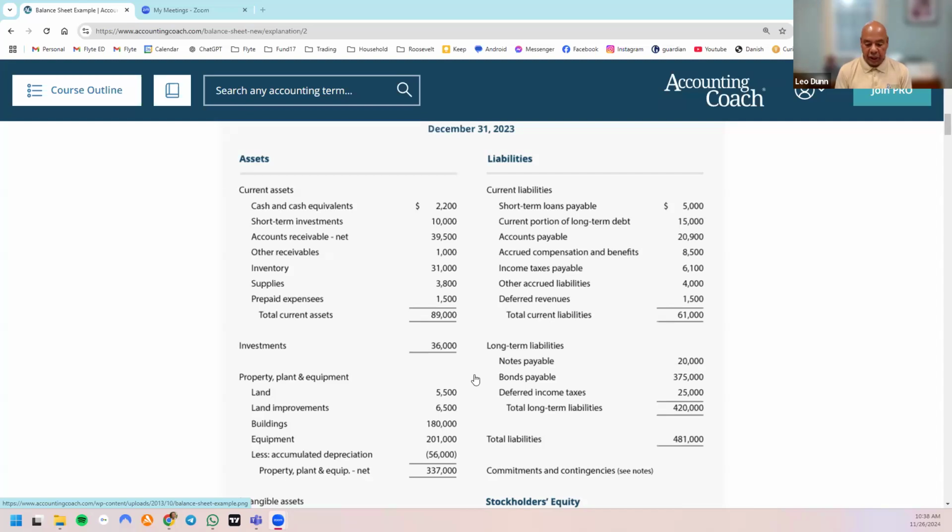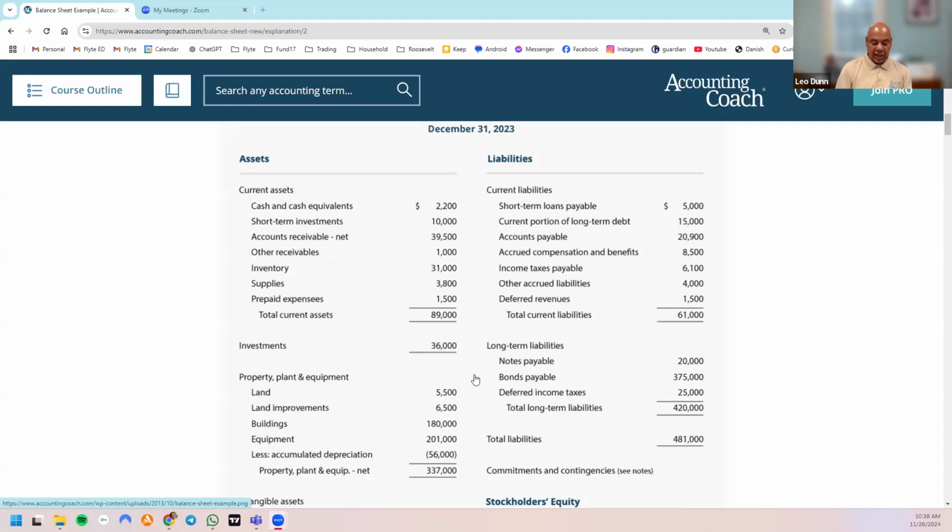In this example, these bonds are not due in the next 12 months. They are due at some point beyond that 12-month period. So the $375,000 in bonds, you could expect are not to be paid before December 31st, 2024.